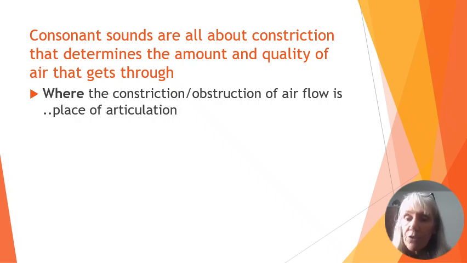It involves three things, like I said before. First of all, it involves where the constriction or the so-called airflow obstruction is, and we call that the place of articulation. If you see POA, it simply means place of articulation. Where in the mouth or vocal cords or vocal muscle group is the sound occurring?